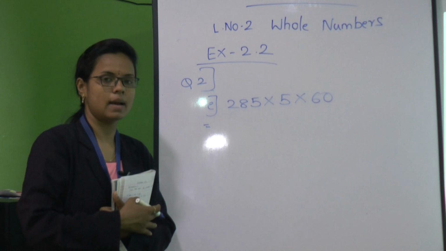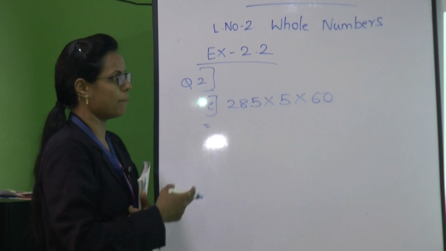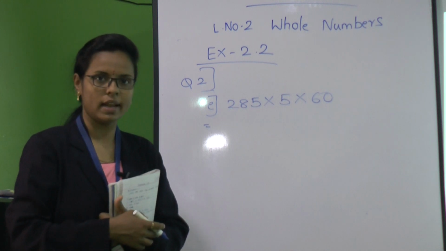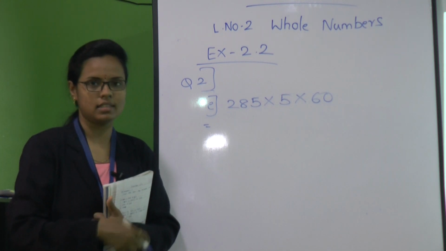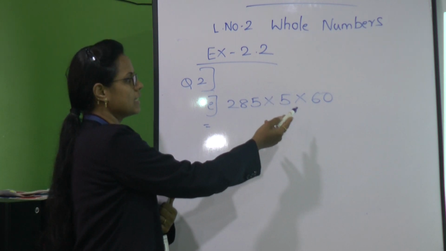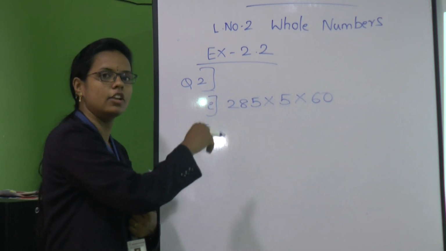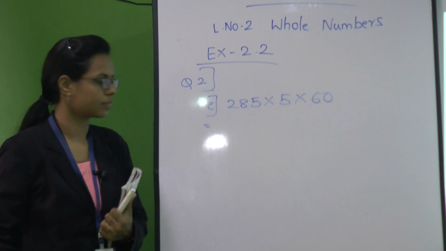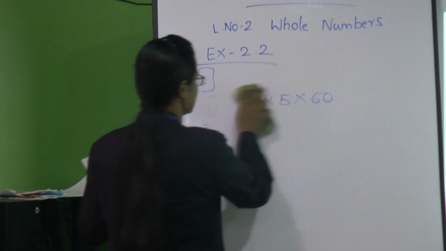This example and one more example is there in your textbook that you have to solve at home. Okay. Practice it. You can get the answers very easily. In this question, you can rearrange like 60 multiplied by 5 and then you will multiply it by 285. Okay. So let us move towards our next question.